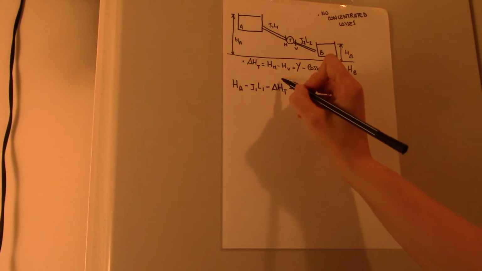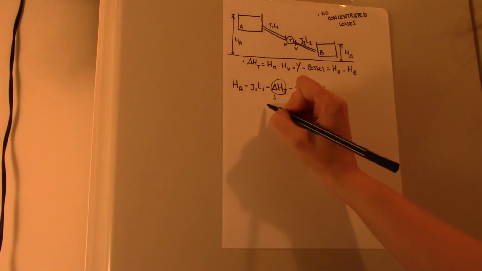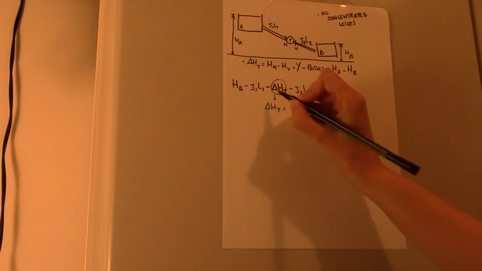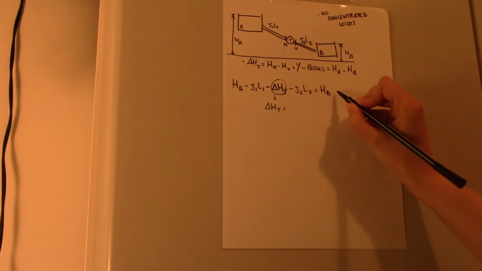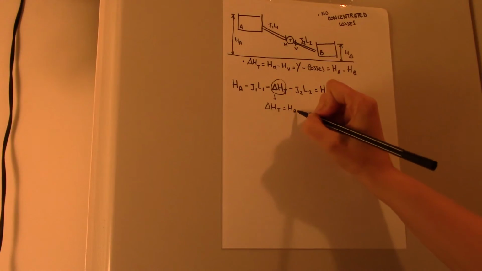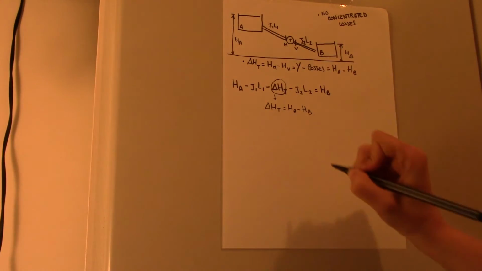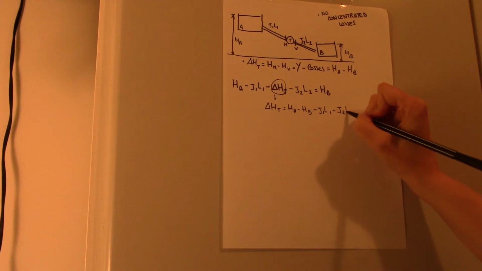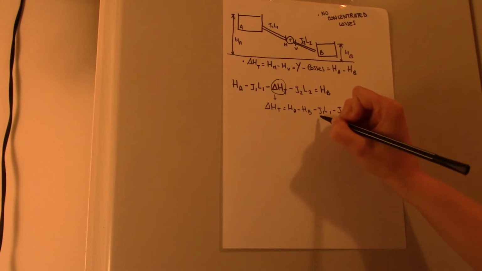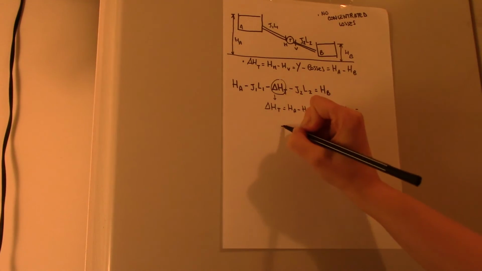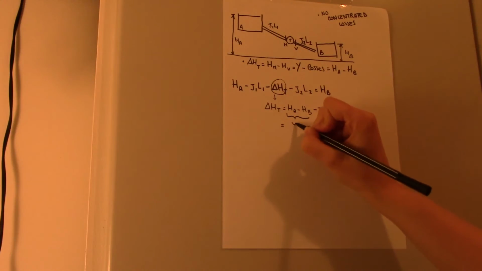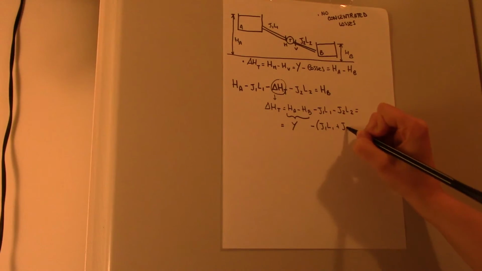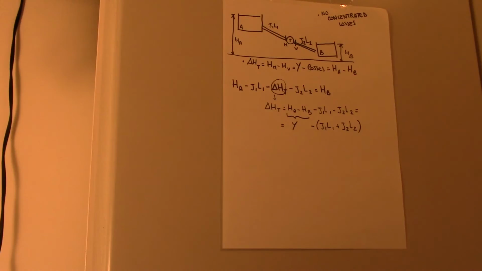Again, if I get delta HT from this thing, you will obtain delta HT equal to, I bring it on this side, so I will have HA minus HB minus J1 L1 minus J2 L2, which is like to say HA minus HB, it's your Y, minus J1 L1 plus J2 L2, which are your losses.